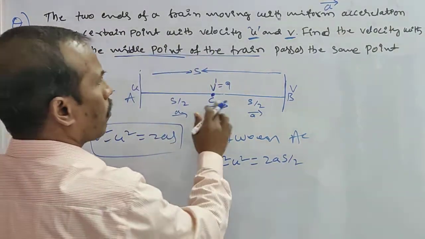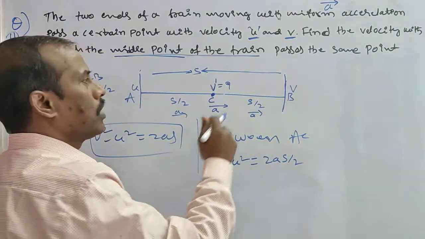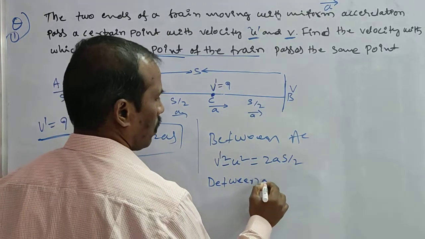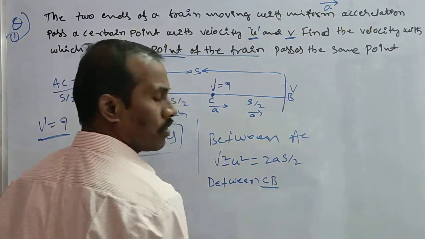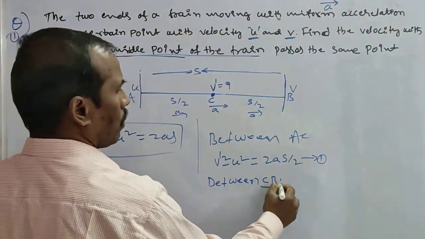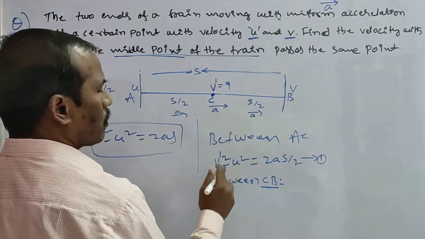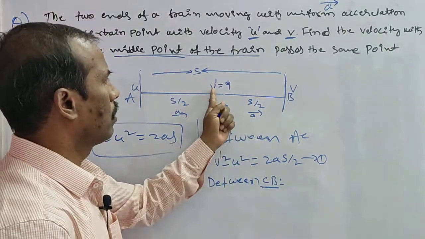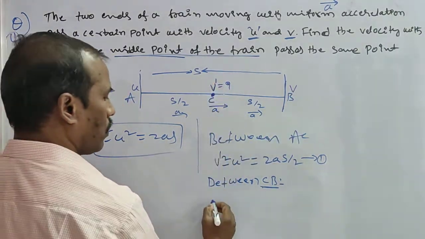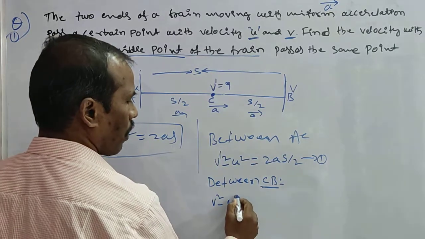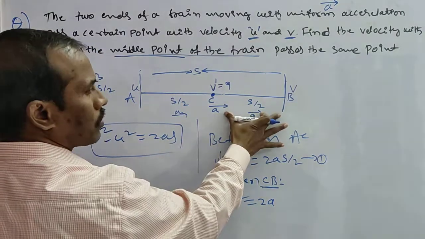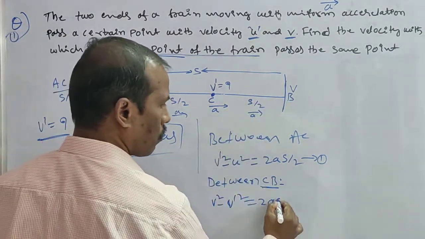Next, between points C and B, using v square minus u square, the initial velocity is v prime and the final velocity is v. So v square minus v prime square is equal to 2a, with uniform acceleration, times S by 2, half of the length of the train.